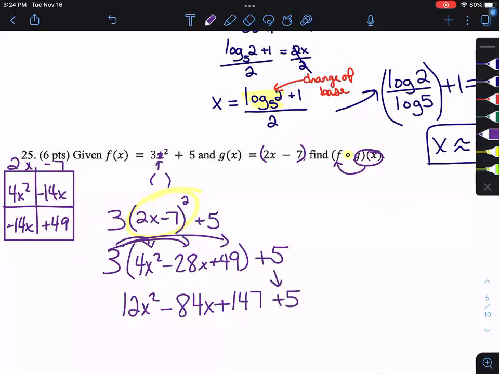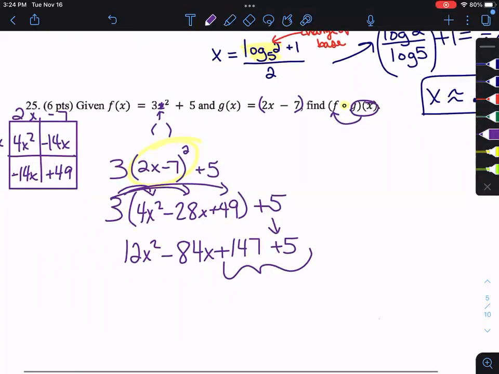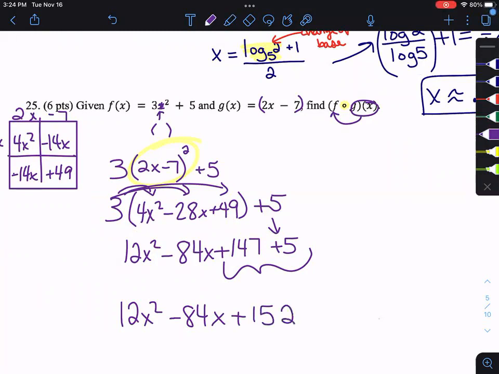We're just going to bring it down again. Our last step here, we're going to combine like terms, the 147 and the positive 5 get added together. So 12x squared minus 84x plus 152. And that right there is our final answer.